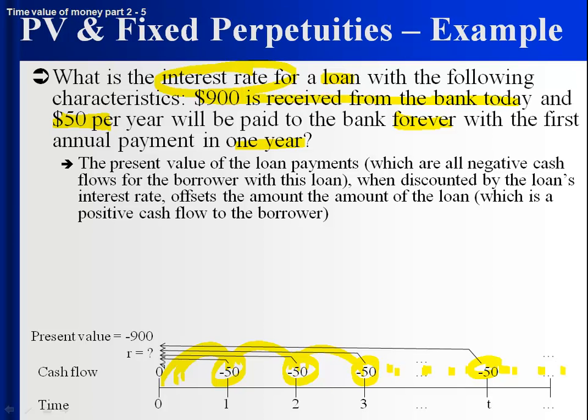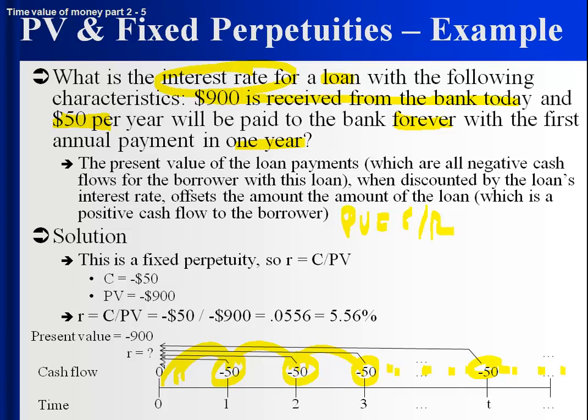Because we're getting 900 today, we want the present value of what we're going to be paying next year, the year after, the sum of all those forever and ever, to exactly offset it. We're getting something worth 900, we're giving the bank something worth 900. Well, again, we recognize it's a fixed perpetuity, and we know PV is equal to C over R. You can do a little bit of algebra to get R is equal to C over PV. We know the regular cash flow is 50. We know the present value is negative 900.